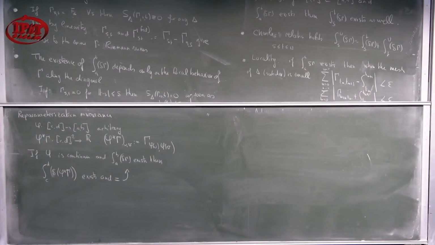Yes. And this is very simple to check. Let me just say, if you have a continuous function and you look at what it does to subdivisions, when the mesh is small on one side, this is uniform continuity on the compact interval.